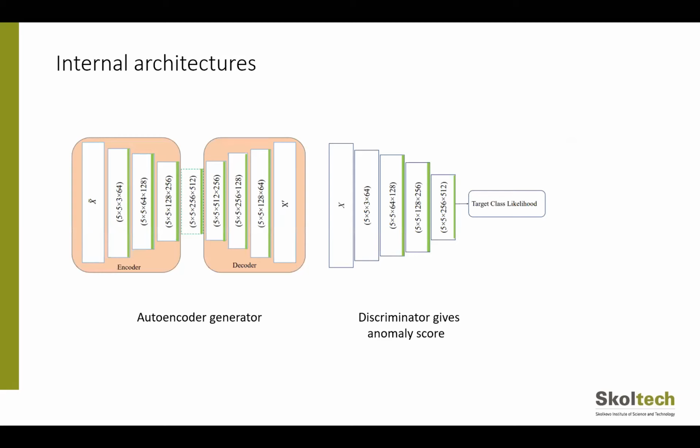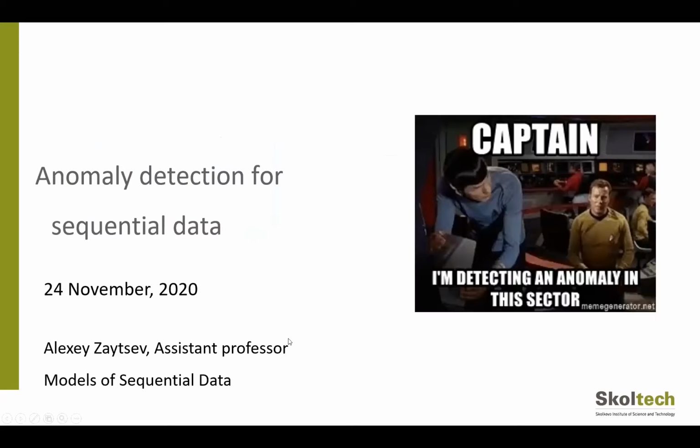In this case, we don't even need outliers. We train our model using only the normal data. We consider that all data we have is normal, and we train the autoencoder to reconstruct these images. What do we put into the discriminator here?